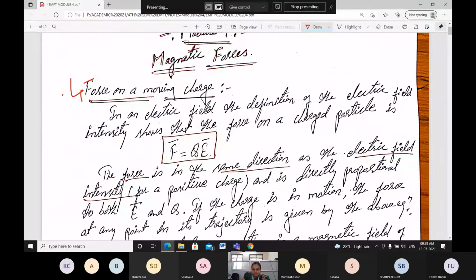In an electric field, the definition of electric field intensity shows that the force on a charged particle is defined based on the electric field intensity.